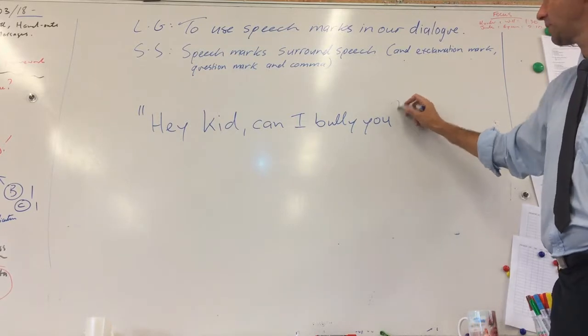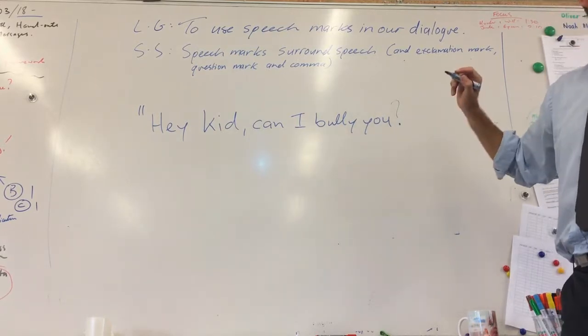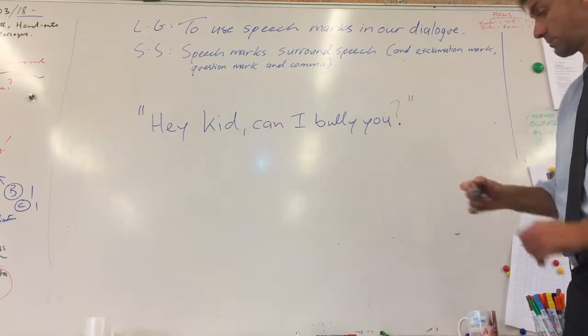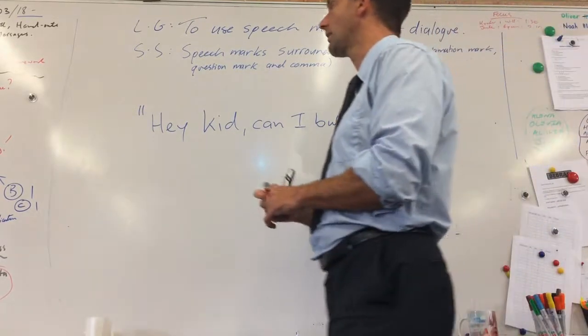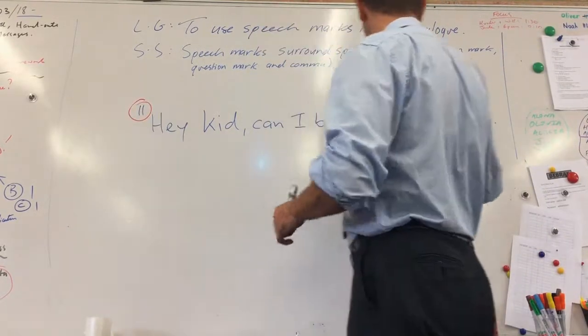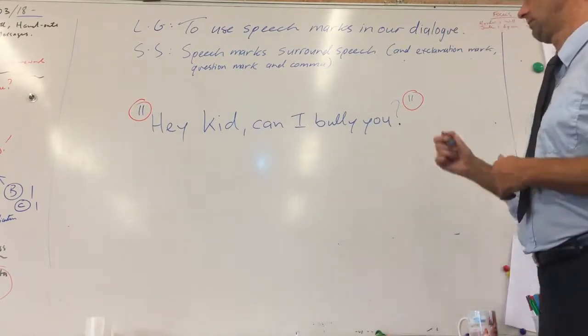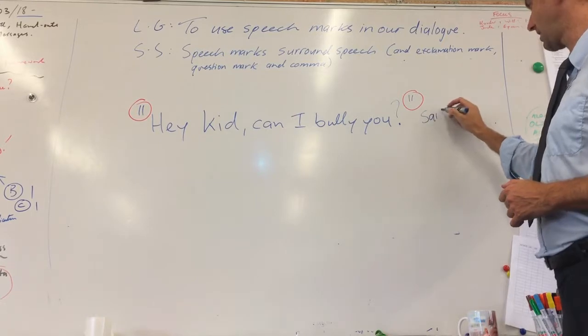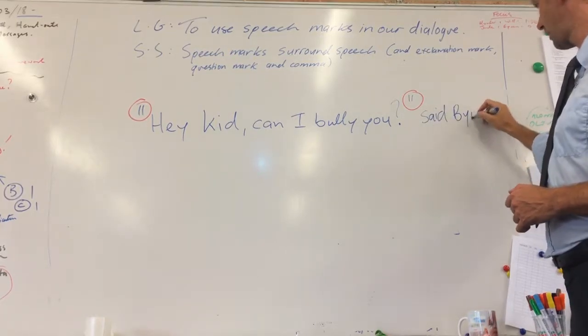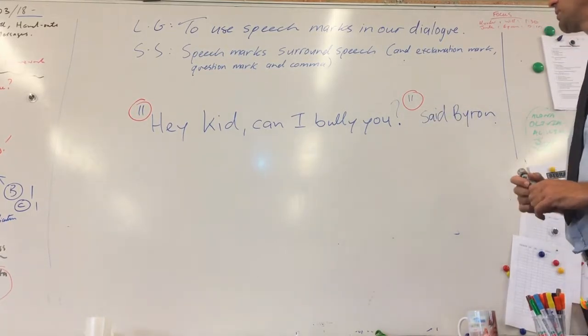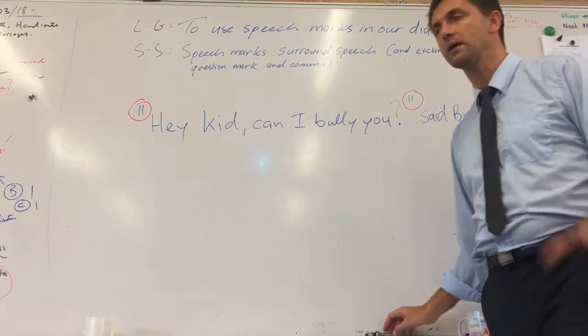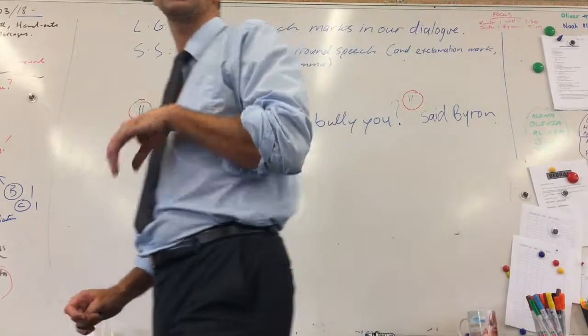Perfect. Then speech marks. Good. I'm just going to highlight those speech marks because that is the focus of the lesson. What now? Said Byron. Hey, kid, can I bully you? Said Byron.